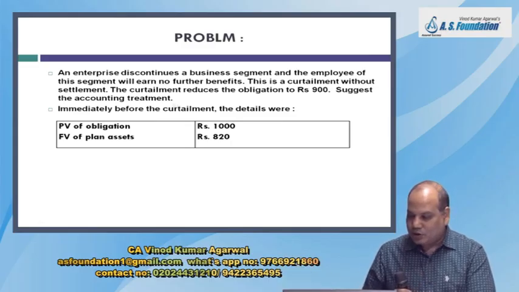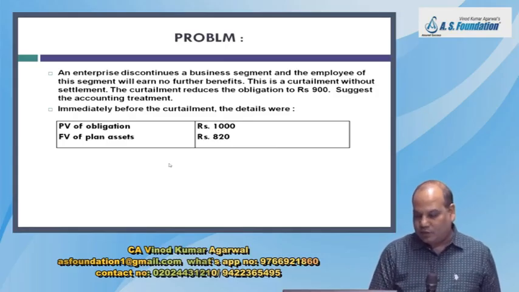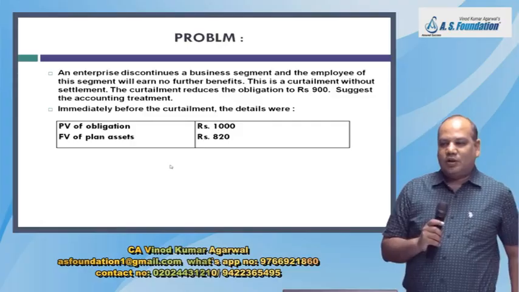So what is the accounting treatment? Reduce the liability by 100. Write down the journal entry. Present value of defined benefit obligation account debit 100. Just one entry. PV of defined benefit obligation account 100 to P&L account, to profit and loss account 100.